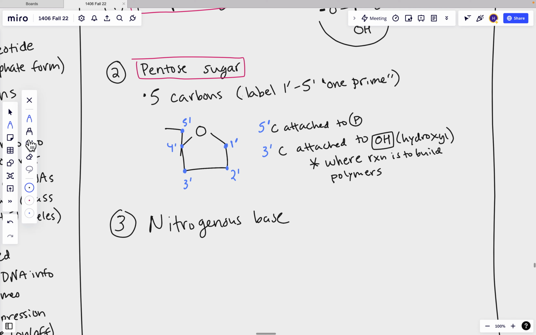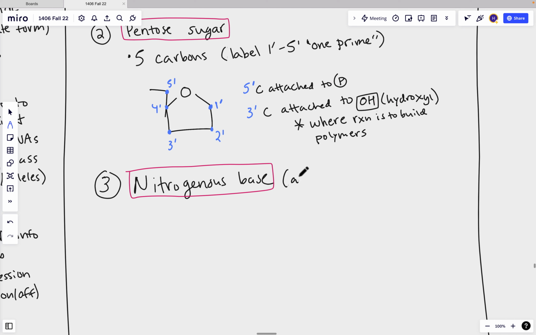Then we have our nitrogenous base. You can also just call it a base. Nitrogenous comes from the fact that it has nitrogens in the ring.